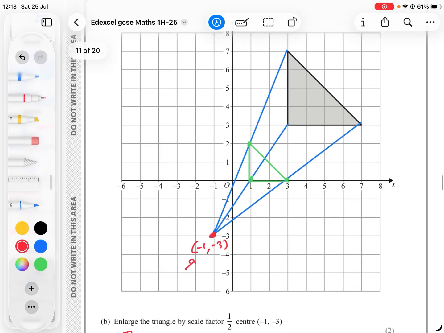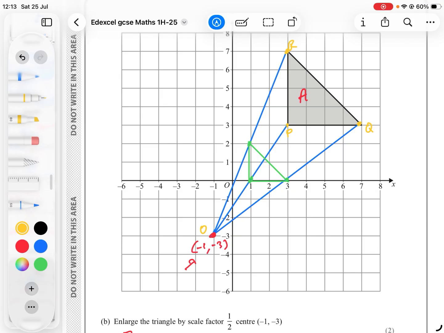So this is your shape A. If I mark this one P, Q, R. To do that, you need to draw a line from this point O, the center of enlargement, to each corner of the big triangle A. So join from O to A, this one, this one and this one.